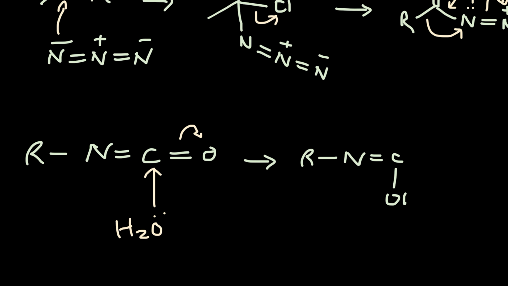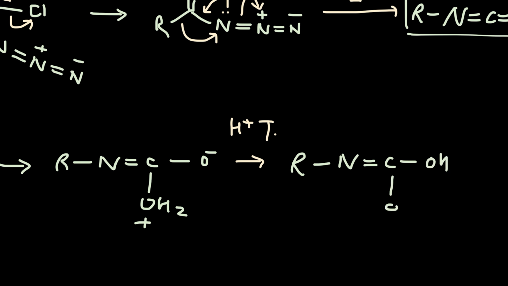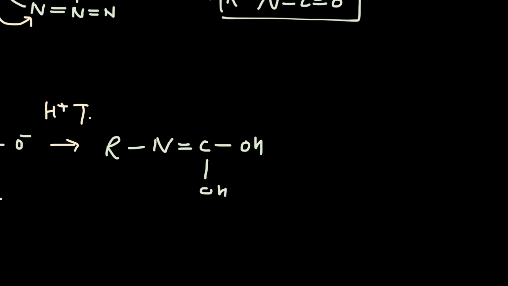Now this is attached to a protonated water and a negative O, but this is imbalanced, so we will balance it by doing a hydrogen transfer. So this gains an H and this loses an H. We get 2 alcohols.